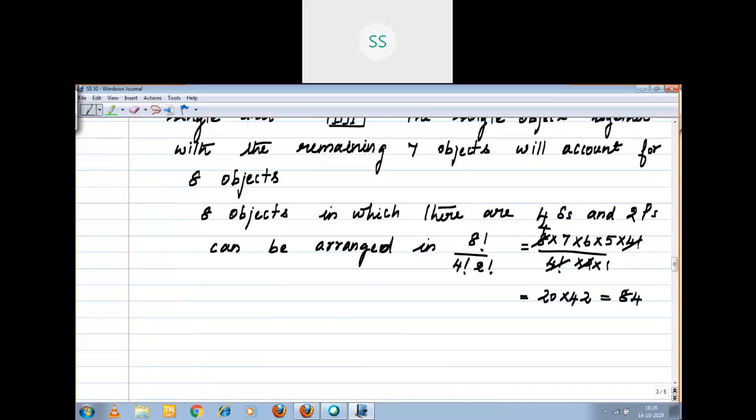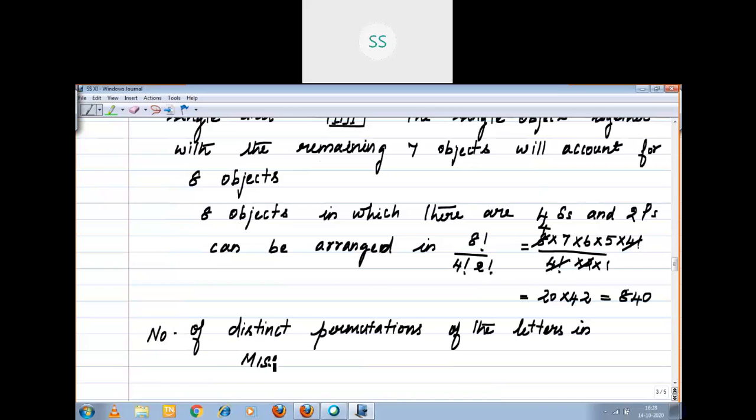Cancel, then 4. 20 into 42, which is equal to 840. But we need what?